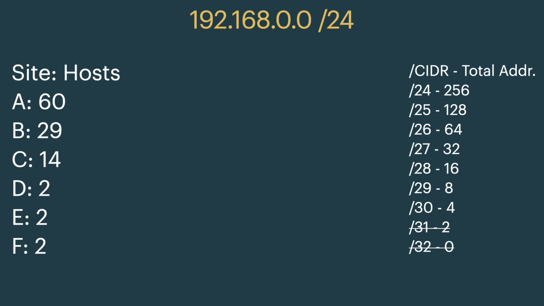So for location A, we need 60 addresses, and the closest one that can give us 60 addresses is /26.